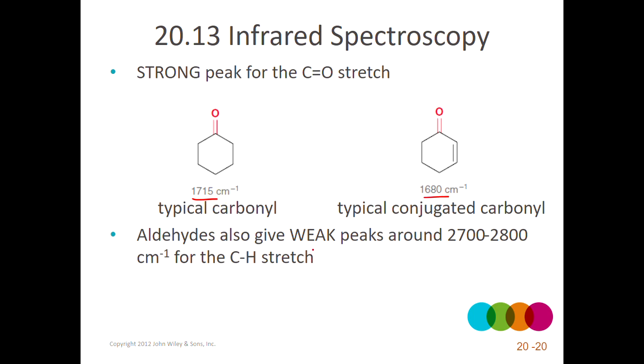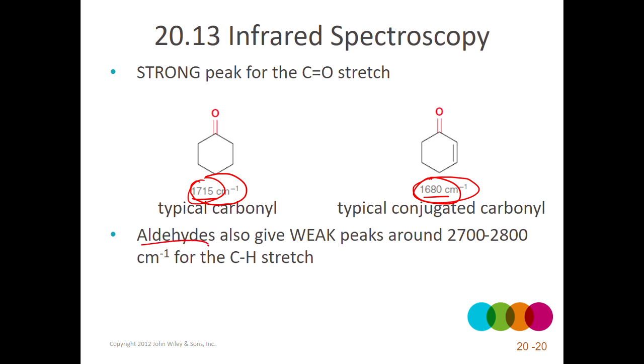And I don't expect you to recognize subtle differences in the exact position of that stretching frequency in the IR spectra, but you should know that because the CO double bond is so polar, you usually see a big, strong signal somewhere close to 1700 if you have a CO double bond present in the structure. If you don't see that signal somewhere around 1700, you probably can be pretty confident there's no CO double bond in your structure.